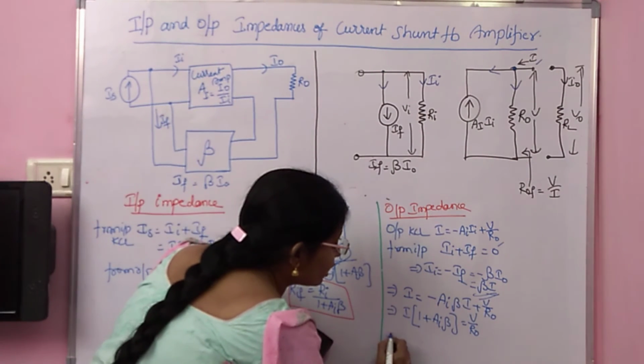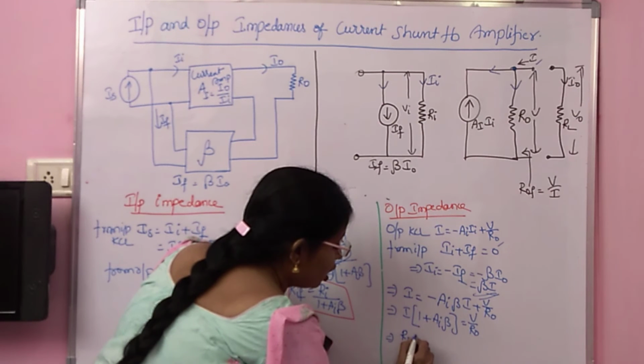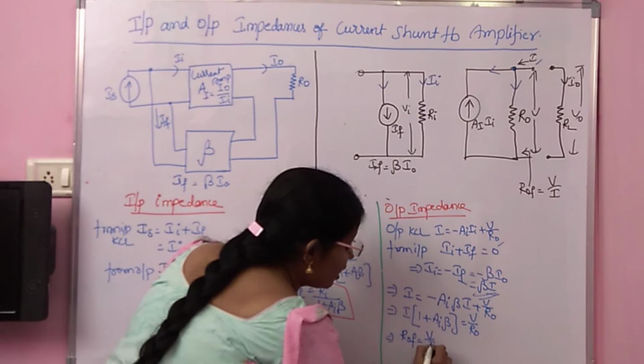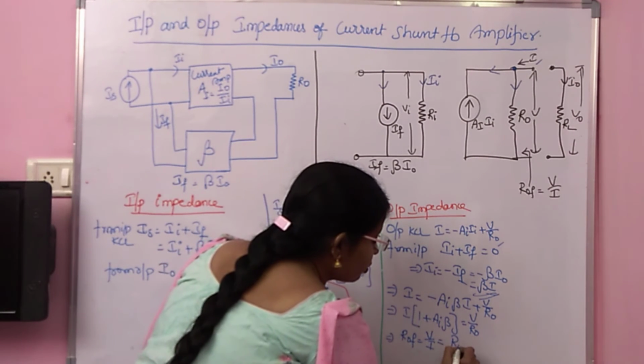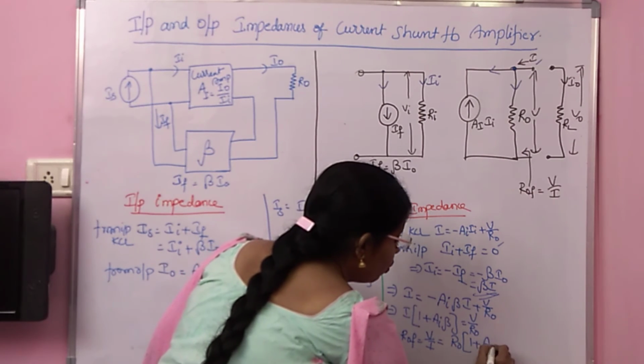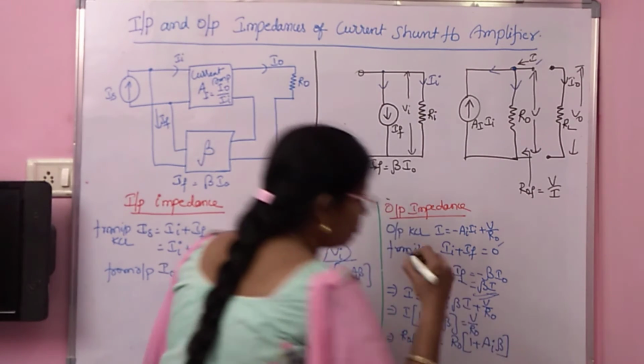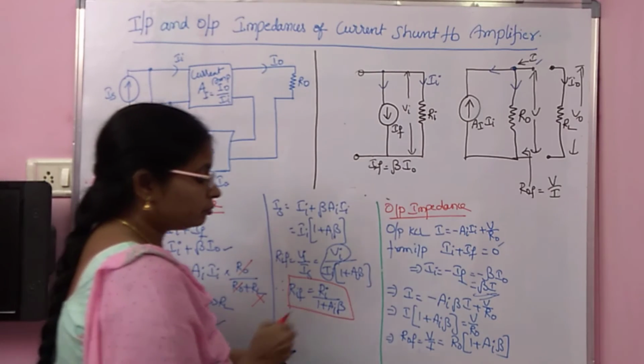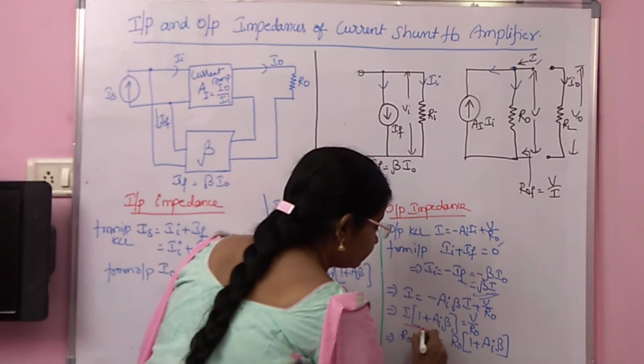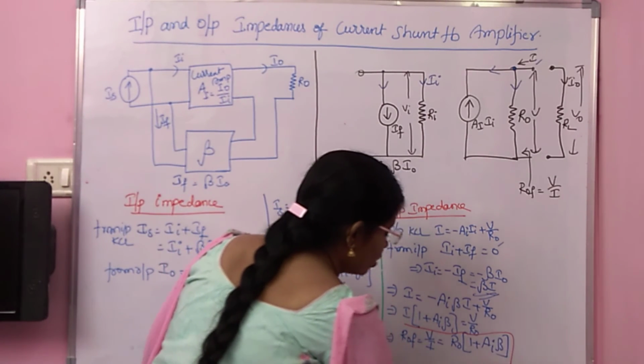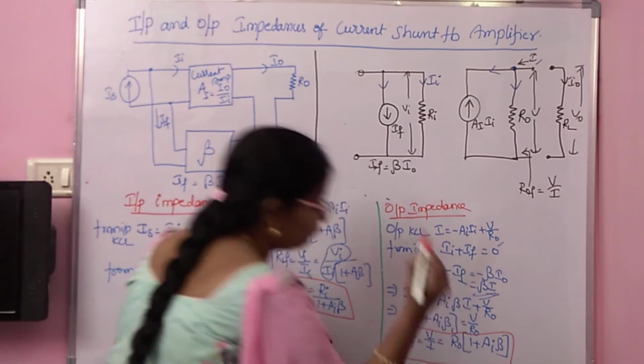So what is R naught F? Now R naught F is V by I, that is equal to R naught of 1 plus AI beta. Yes, this is your R naught F.